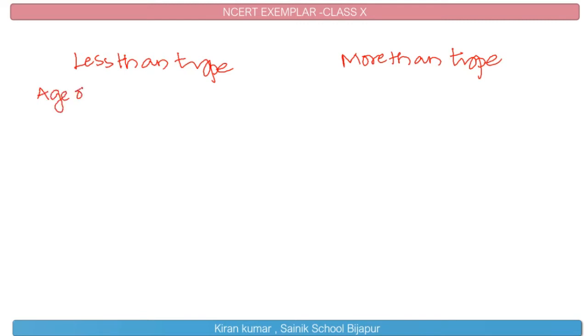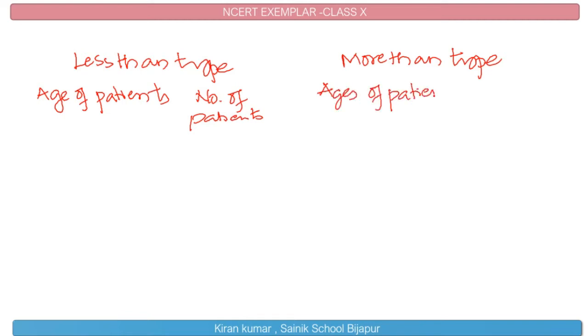One column of age of patients, another column is number of patients. The same I'll follow in the more than type also, ages of patients and number of patients.